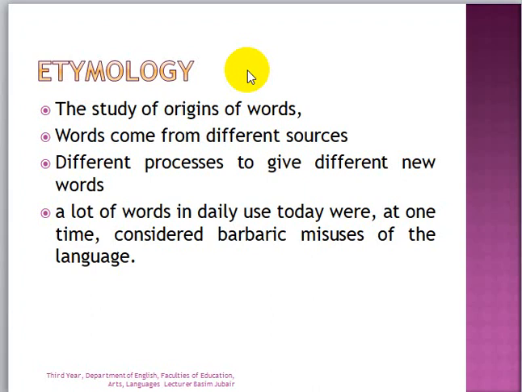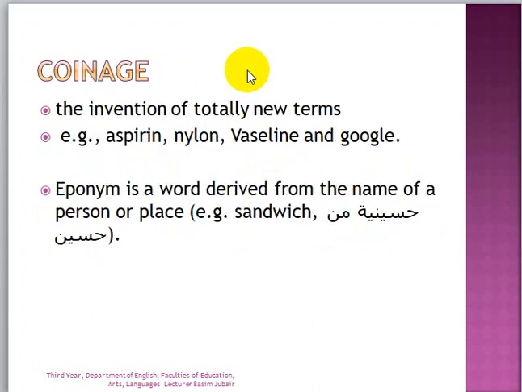The field that studies such a thing is called etymology. Now, through the study of etymology, we have the following processes from which words came to us.